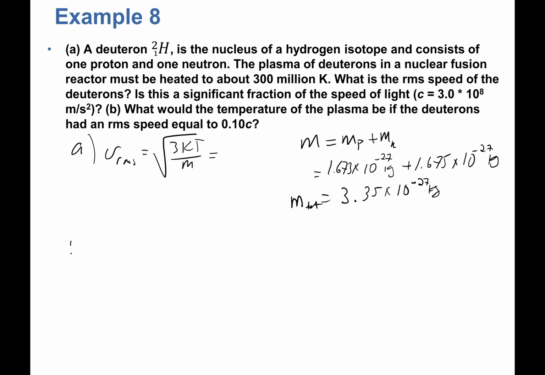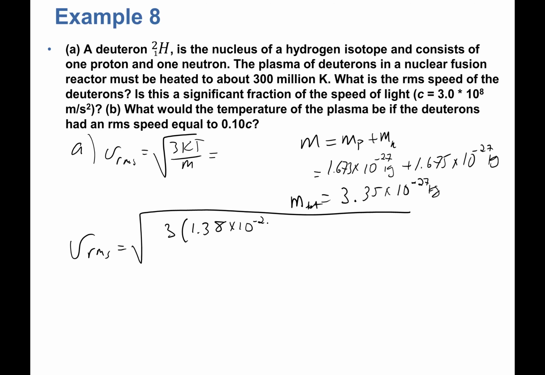So then I can say VRMS equals the square root of 3 times 1.38 times 10 to the negative 23, then the temperature, 300 million Kelvin, so that means 300 times 10 to the 6 Kelvin.